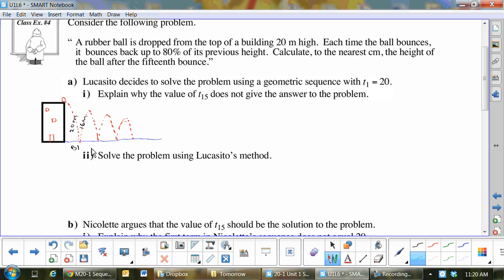B could stand for bounce. So after bounce 1 is 16 meters, right? What's bounce 2? 12.8. Okay, so you're getting the idea here.